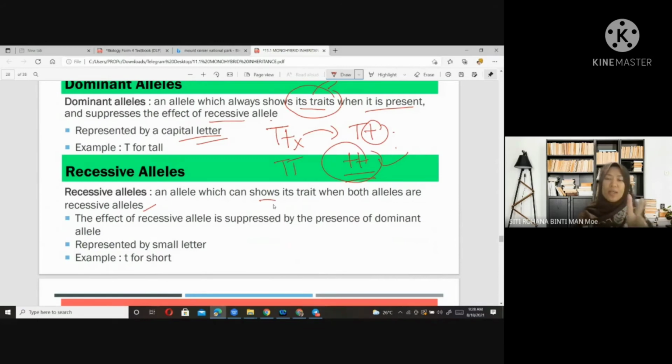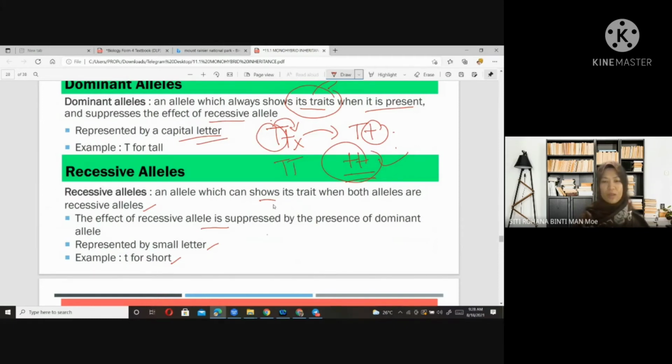Bila dua-dua ada, dia satu saja, tak boleh lah. Kenapa? Dominan ni dia akan stop, dia akan suppress. Okay, dia tak akan tunjukkan ciri. So the effect of recessive allele is suppressed by the presence of dominant allele. Okay, so represented by small letter t for short. Okay, normally given in SPM question.